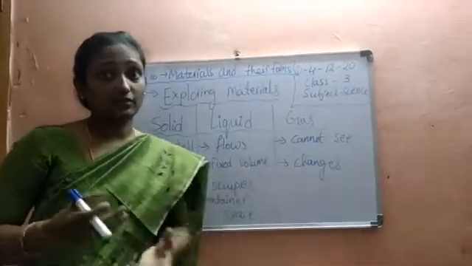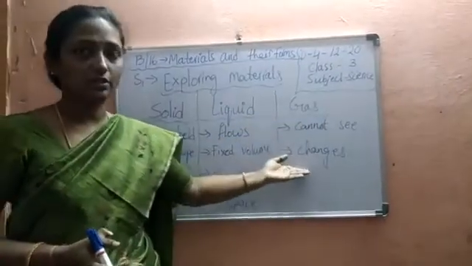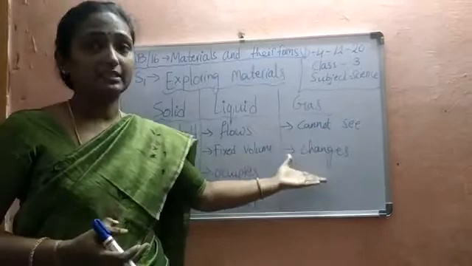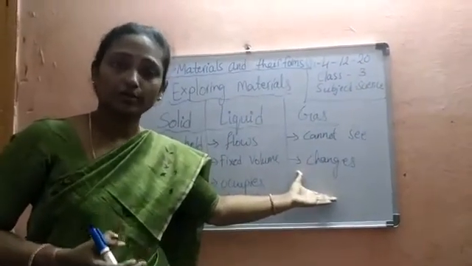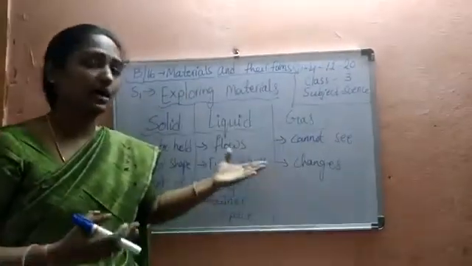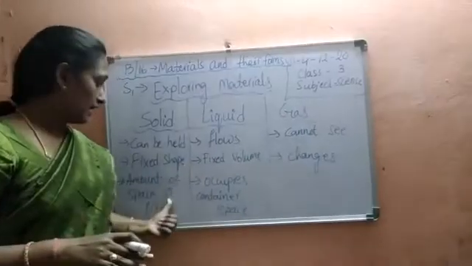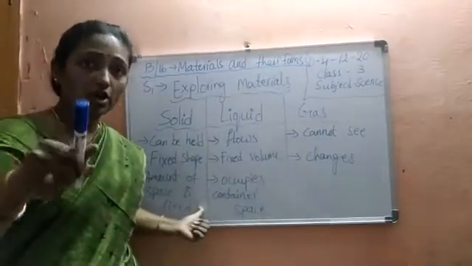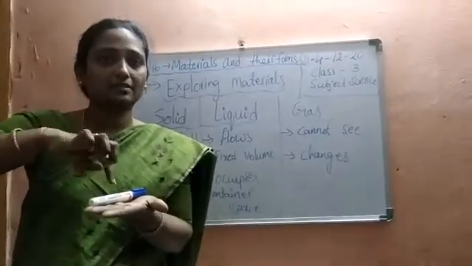You can see some black smoke. Even that smoke can be seen, but it has the flowing property. Even the gas occupies the shape of the container. The amount of space it occupies is not fixed, whereas the amount of space occupied by solids is fixed. When you keep it in a box, it occupies a space in the box.